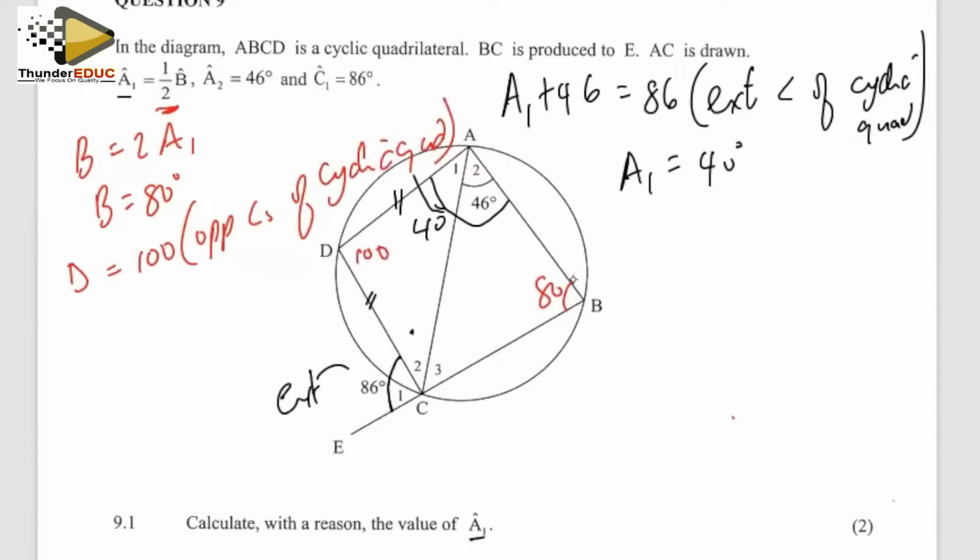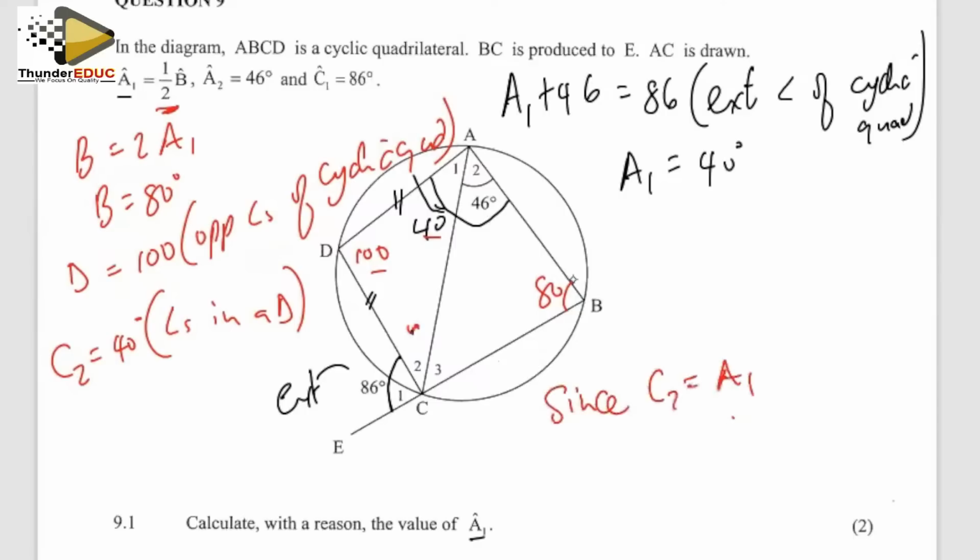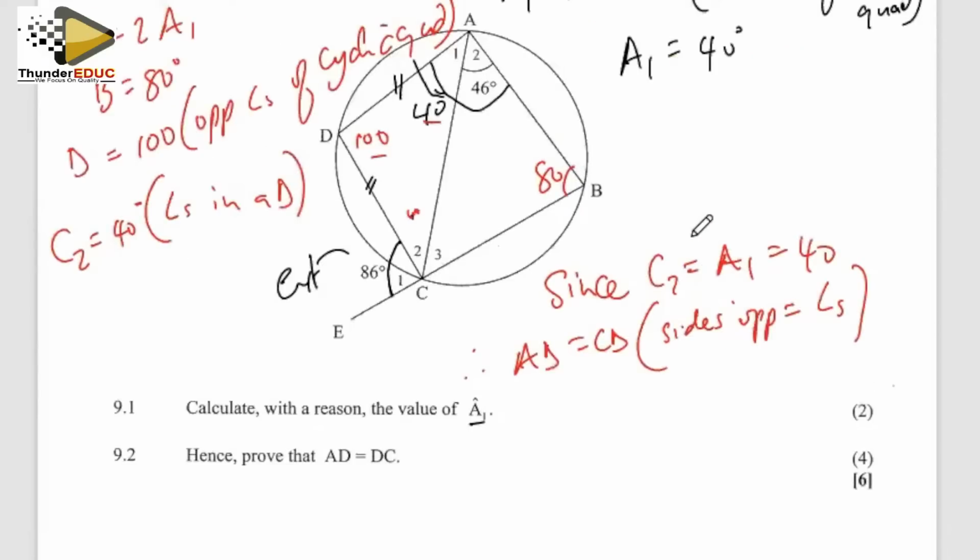If that's 100, that's 40, we can find C2, which means C2 is going to be 40, angles in a triangle, because 40, 100, and 40 must give us 180. Now you can say that since C2 is the same as A1, which is 40, therefore AD is the same as CD or DC. Reason will be the sides opposite equal angles, or the converse of angles opposite equal sides. So that is how we would have gone about 9.2.